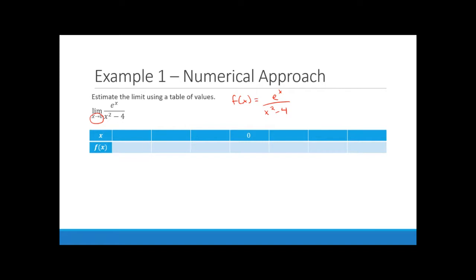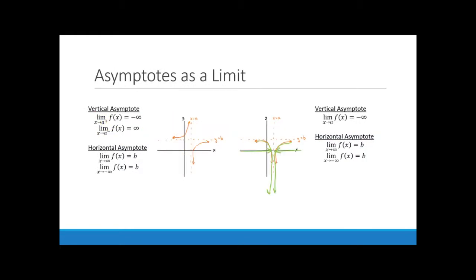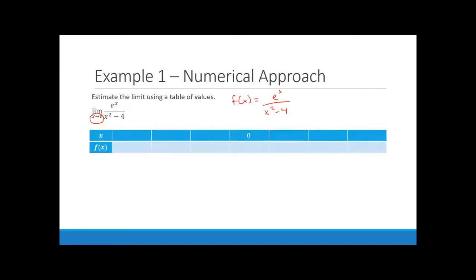When you're looking at the limit, you're looking from the left side and the right side, just like in my pictures here. When you're looking for the limit at a specific number, you're looking at the left and the right side of it. We're going to do the same thing when we make this table. We need to pick numbers to the left and to the right, and you start with that middle.